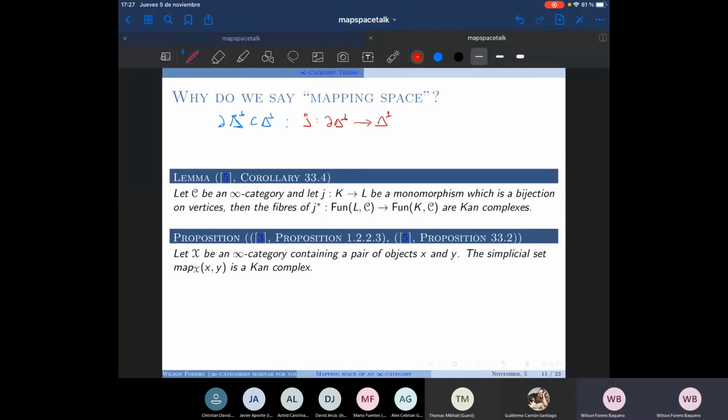Okay, so applying this lemma, we have that the functor from delta 1 to C, the fibers of this map are Kan complexes, no? Okay, but what are these fibers?